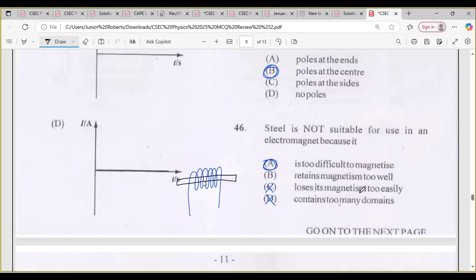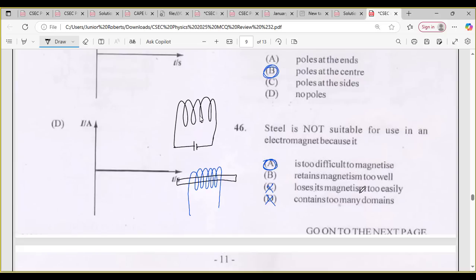So let's see something now. If we think about it, when we have a coil like this and we pass a current through it, this will behave as a magnet. Now, when we place a metal, in this case a steel, inside this, it actually strengthens this magnetic field.